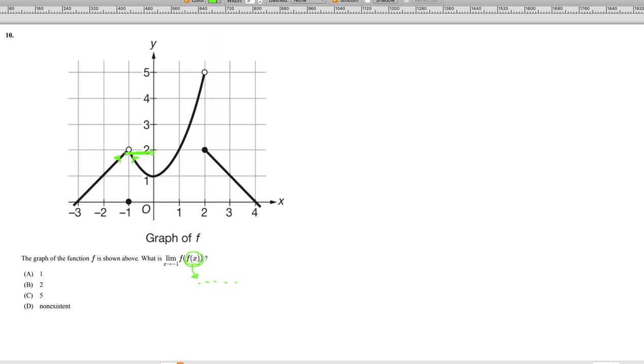So these values over here, if we look, I'm picking values to the left and to the right of -1. These are to the right. And again, these values all here are beneath 2.